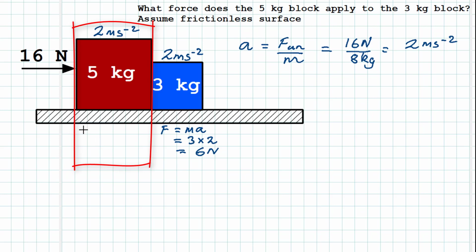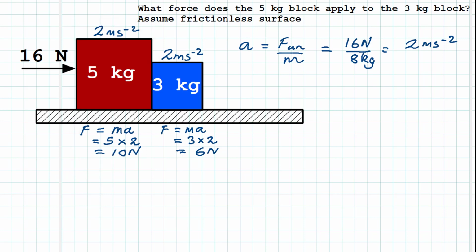So the force required to do that, using Newton's second law again, F equals ma, which equals the mass of the block, 5 kilograms, times 2 meters per second every second, and we see that we're going to have a force of 10 newtons, an unbalanced force of 10 newtons acting on the 5 kilogram block. So here we have the 16 newtons pushing these blocks, and yet the 5 kilogram block experiences 10 newtons, and the 3 kilogram block experiences only 6 newtons. So what exactly is going on here?